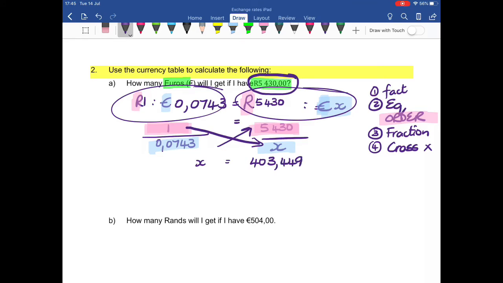Here I don't have to simplify. Why don't I have to simplify? Because I have 1x. So x doesn't have a coefficient, so I don't simplify.